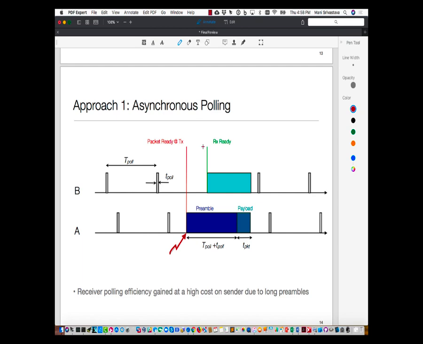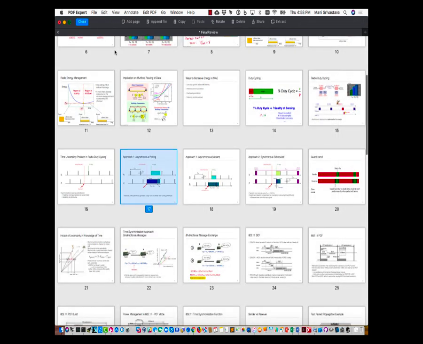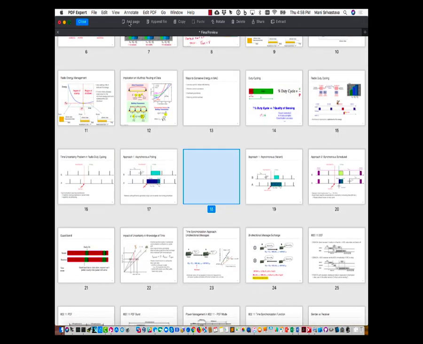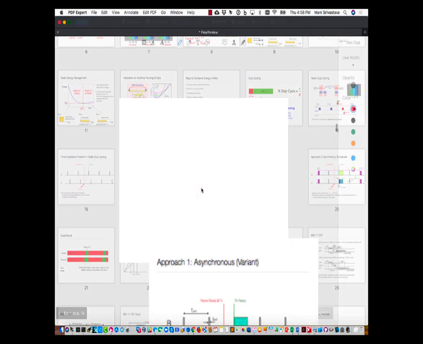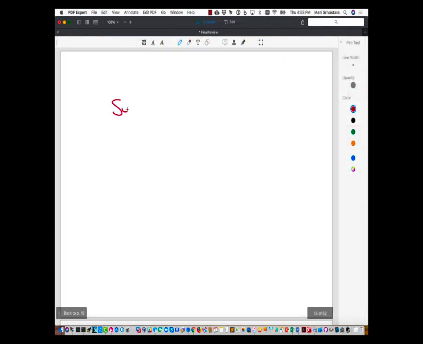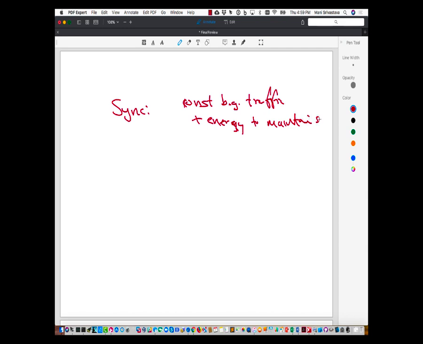So async, now let me create a sync approach: constant background traffic plus energy to maintain sync.